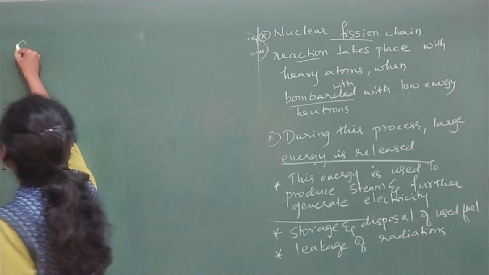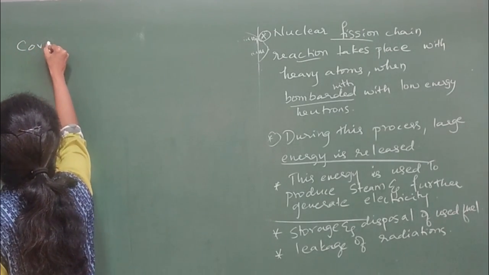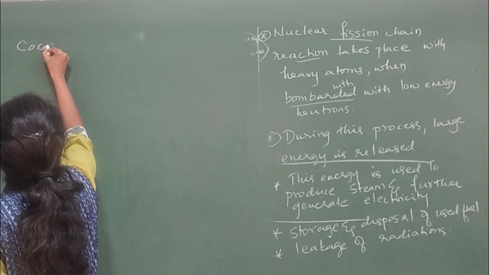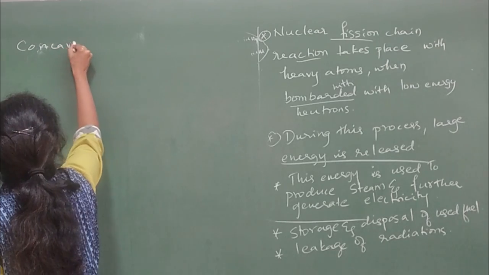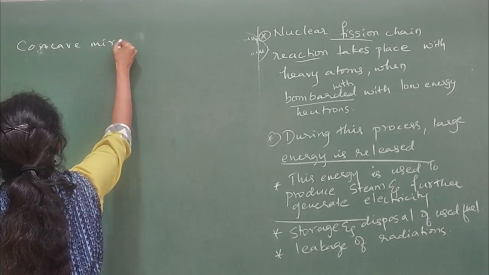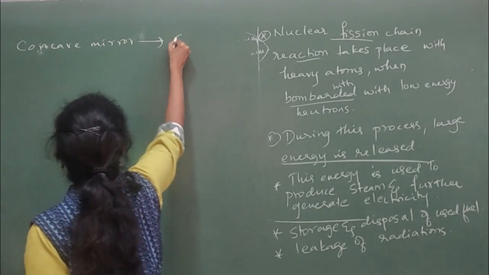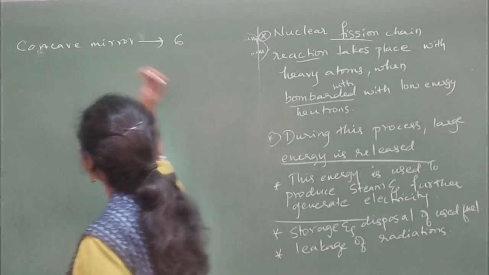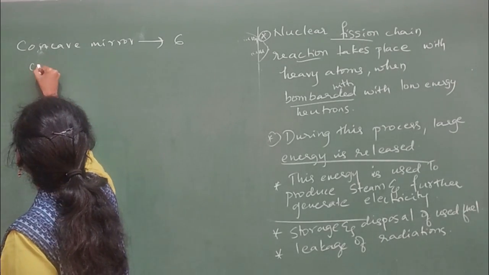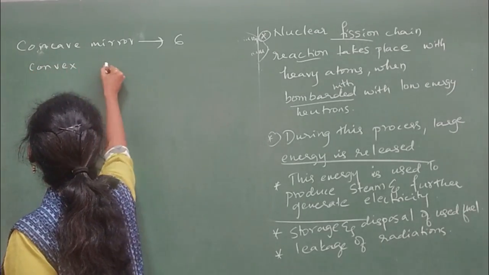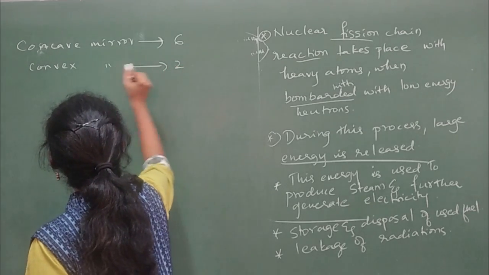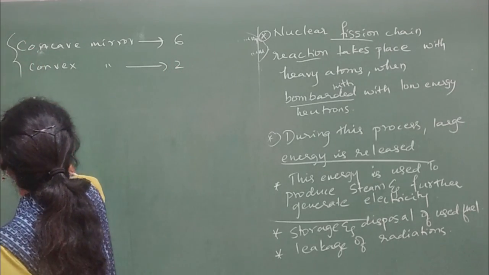So you have mirrors, right? Concave mirror and convex mirror. In case of concave mirror, you have learnt 6 ray diagrams, and in case of convex mirror, you have learnt 2 ray diagrams. Same case with lenses also.